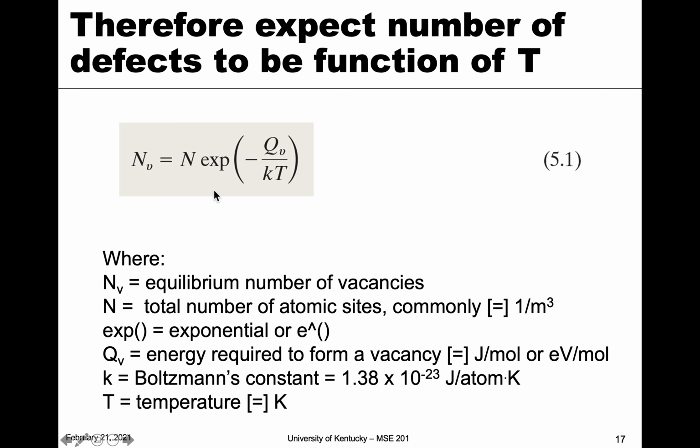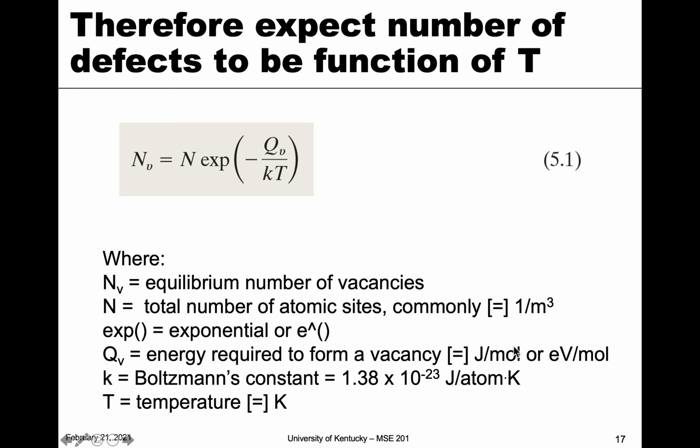So we have the total number of sites multiplied by the exponential of a term in here, which is negative, and then Q sub V, which is the energy required to form a vacancy. And that's going to be in energy units, so joules or electron volts per mole.